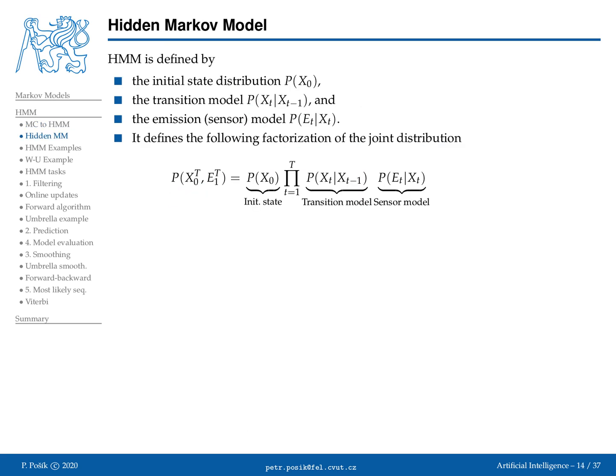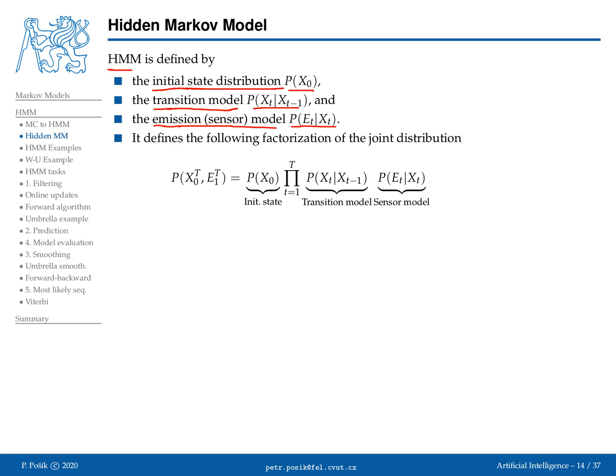So altogether, if you want to define a hidden Markov model, you need to state the initial distribution over the state X at time 0, so P(X0). You have to state the transitional model, which is the same thing as in regular Markov chains. What is added in hidden Markov models is this emission or sensor model, which describes the probability of individual observations given the current state.